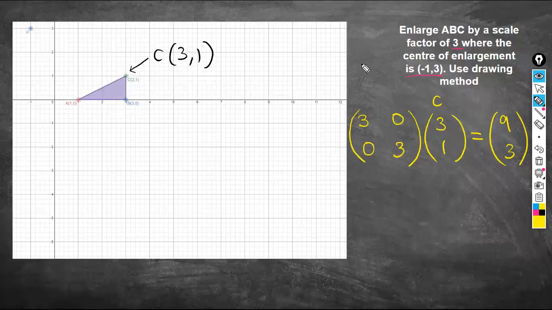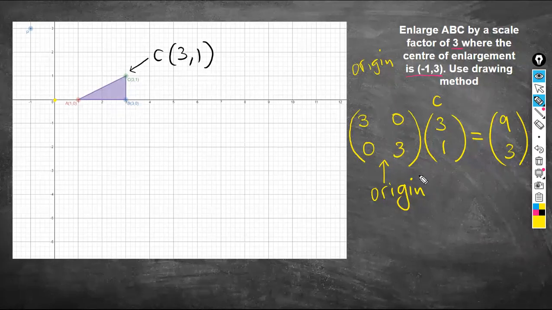Is the center of enlargement the origin? Are we pretending over here is the center of enlargement? No, this formula only works, and if you look at the notes, it only works if the center of enlargement is the origin. And it's not the origin.